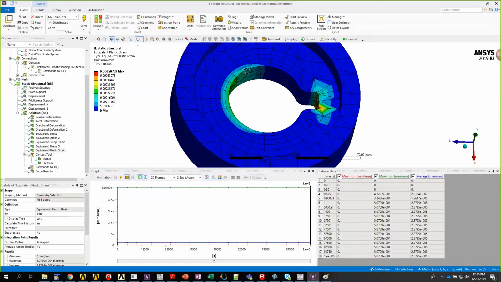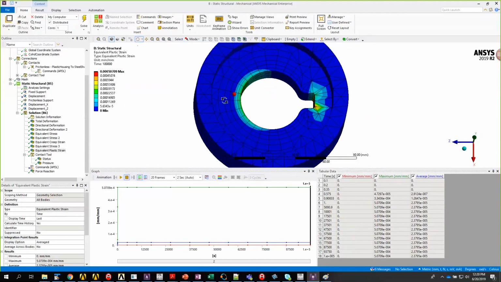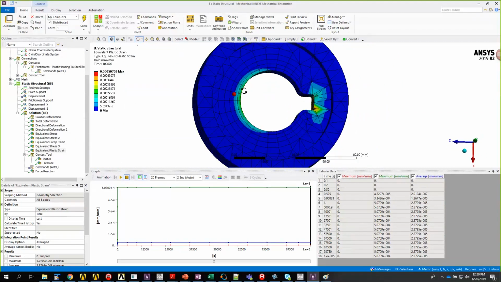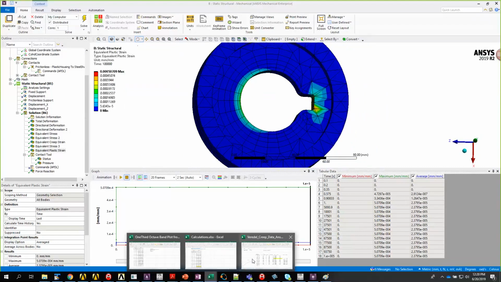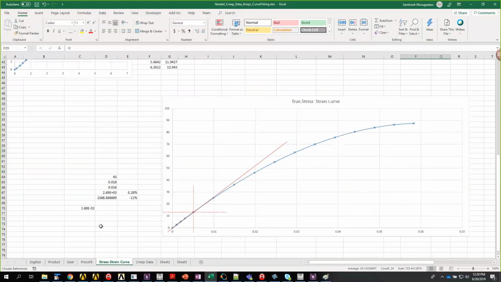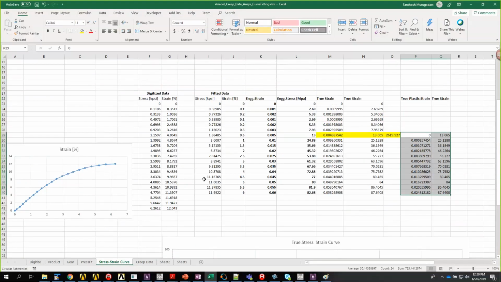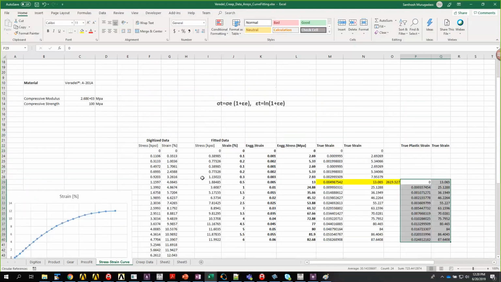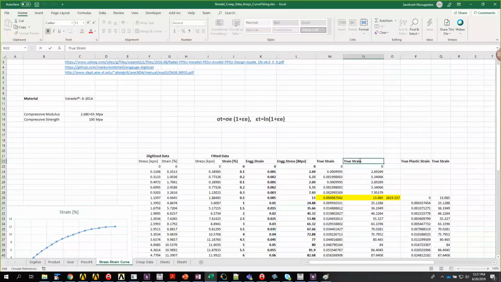There will be an ovality in the pulley hub because of this plastic strain. You may like to limit the stresses within the yield stress of the material as well. For that purpose, to assess the plastic strains in the material, we should have access to the stress strain curve as well.